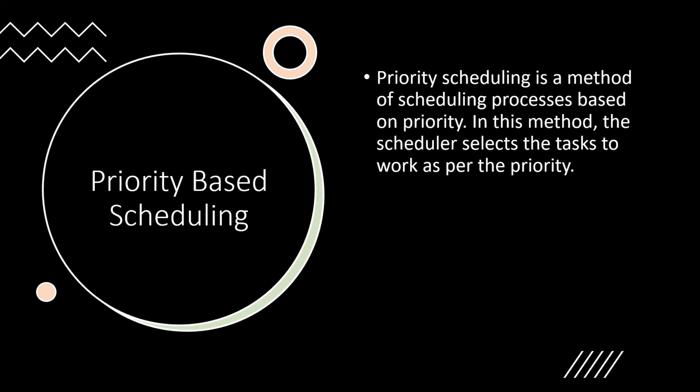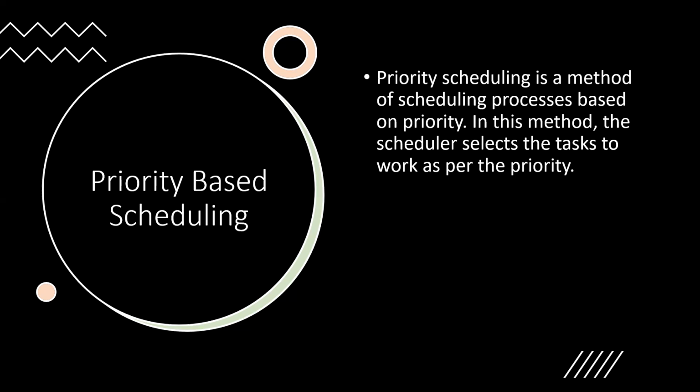So here are the characteristics of priority scheduling. It is a CPU algorithm that schedules processes based on priority. It is used in operating systems for performing batch processes. If two jobs having the same priority are ready, it works on a first come first serve basis.